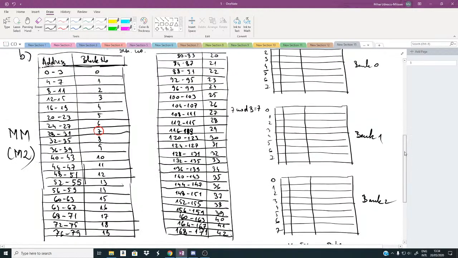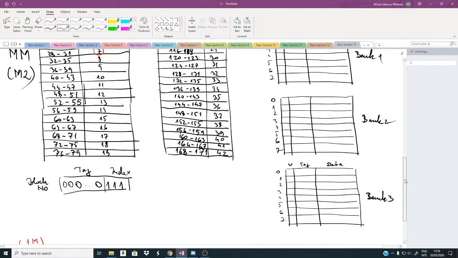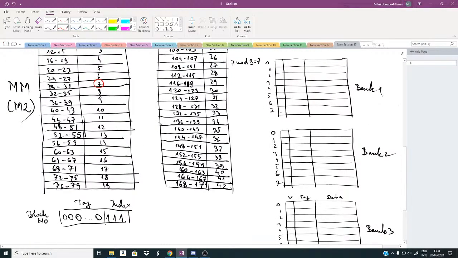So when the first access comes, as I said, it's a miss, because the word at address 30 is not in the cache. But with this miss, we bring the entire block. So we bring the block here, valid 1, the tag will be 0.